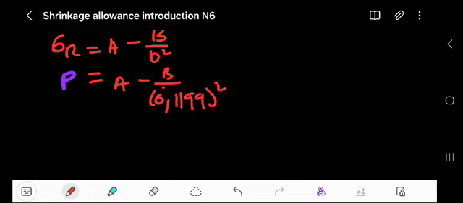Remember, divide that by 1000 to convert to meters. Take your calculator and divide all of that by 1000. We can call this equation 1.